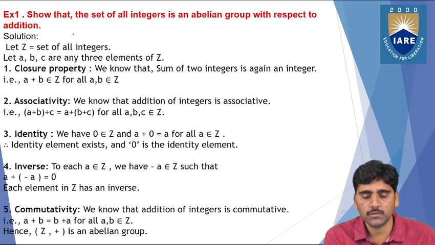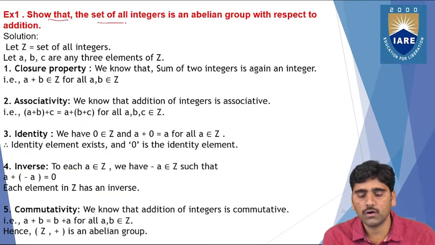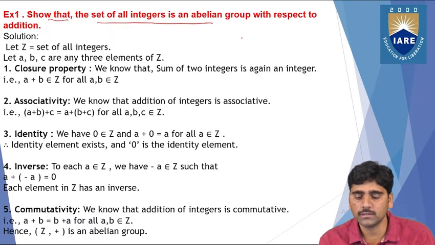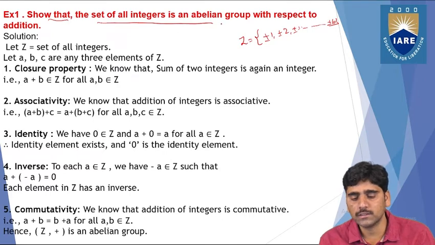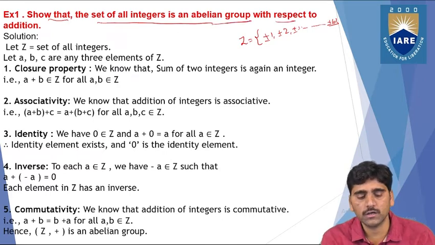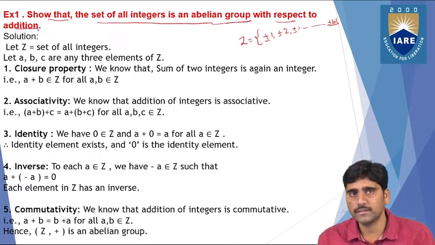See here that example. Show that the set of all integers Z equals plus or minus 1, plus or minus 2, plus or minus 3, and so on, is an abelian group with respect to the addition operation.